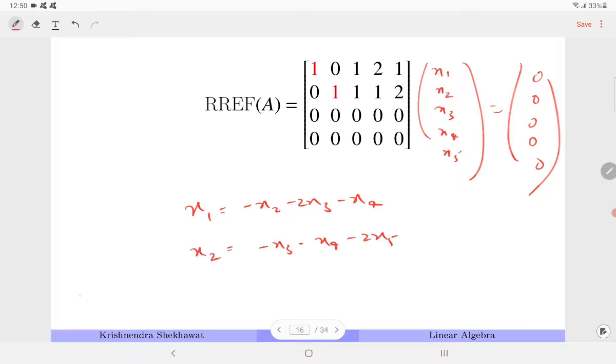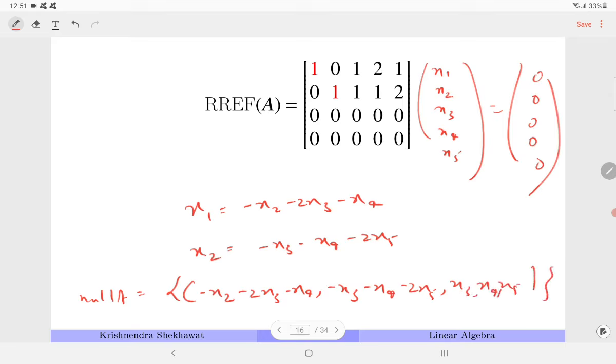It means that the null space of A is x1 equal to minus x2 minus 2x3 minus x4, then minus x3 minus x4 minus 2x5, and x3, x4, x5, where x2, x3, x4, x5 are real numbers.